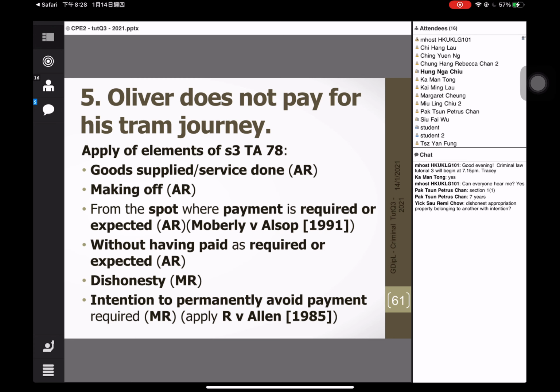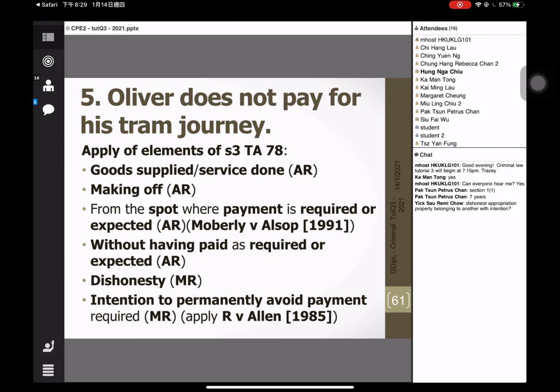Then there should be making off, departing from the spot where payment is required or expected, without having paid as required or expected, and then there needs to be dishonesty and intention to permanently deprive the owner of the property.